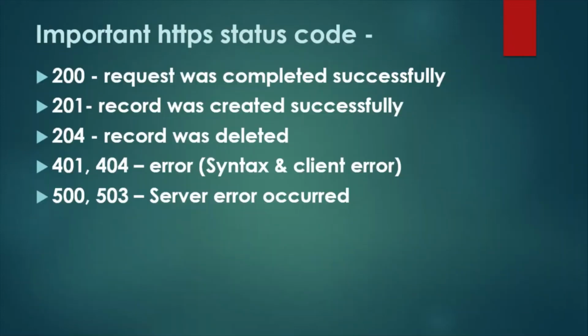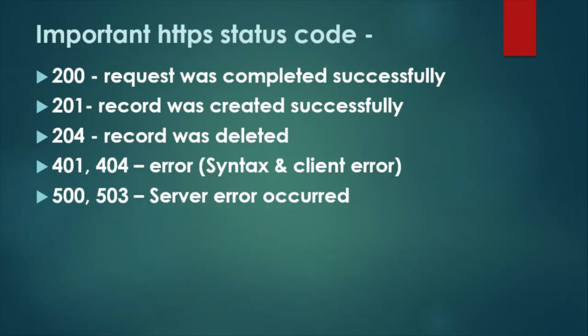Now let's talk about some of the most important HTTP status codes. If we are getting 200, that means the request was completed successfully. Whenever we send a request, we get a response, so we can get a status code.